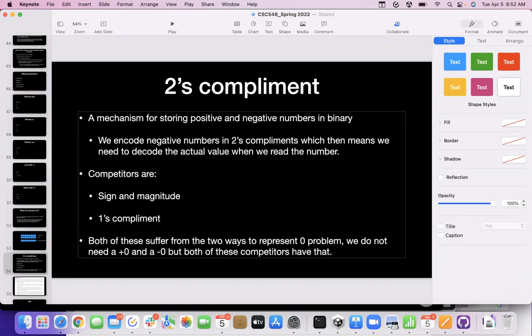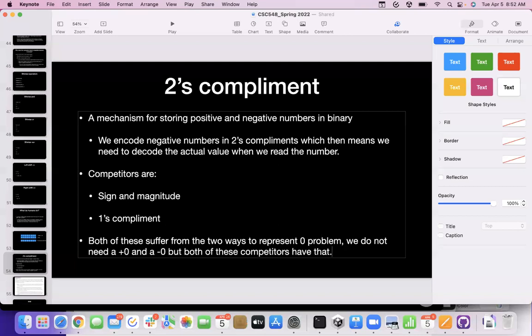We're going to have to do something with one of those bits to keep track of the sign. But if we just use the far left bit for positive or negative, we have two representations of 0.